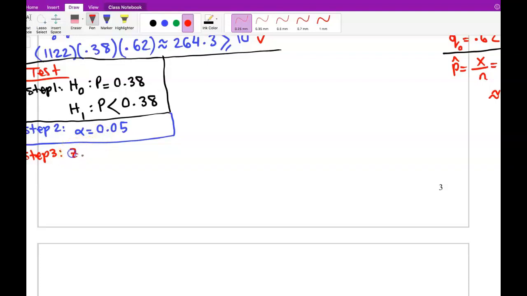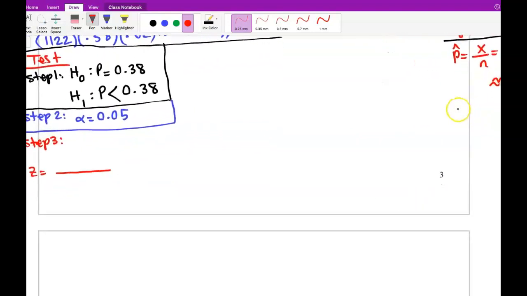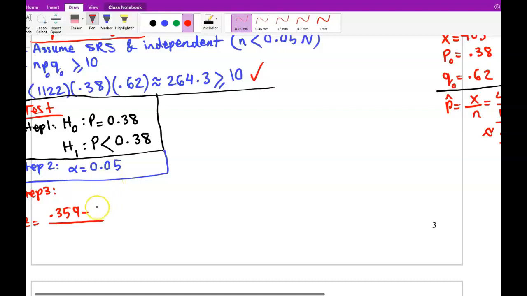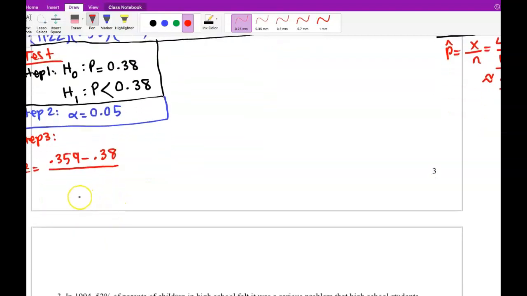So z is equal to p hat minus p0. p hat from this part we got 0.359, minus p0, which is 38%, divided by the square root of p times q divided by n.